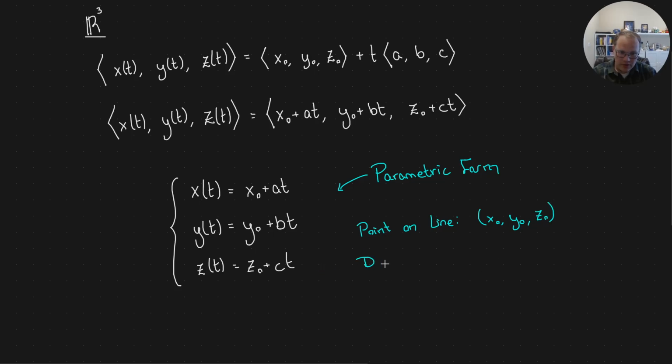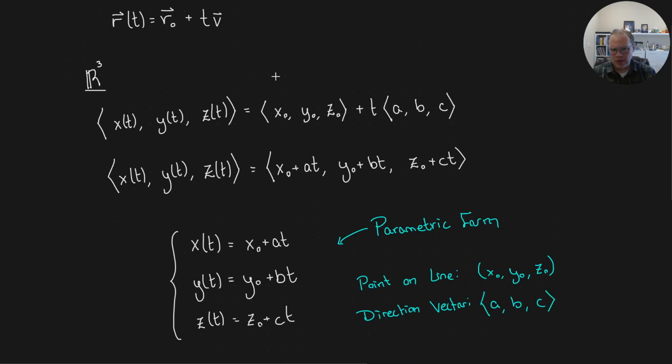And then the direction vector would be the coefficients of the variable t, the coefficients of the parameter. So it's another way to express the same information that we express up here.